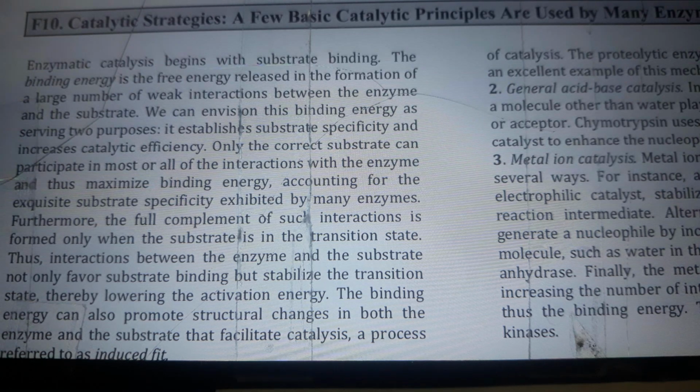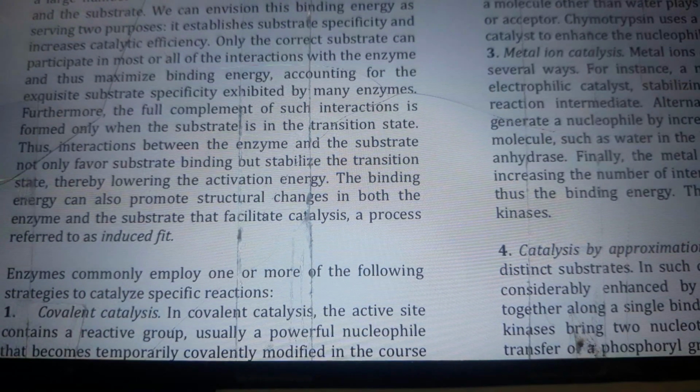Only the correct substrate can participate in most or all of these interactions with the enzyme, thus maximizing binding energy, accounting for the exquisite substrate specificity exhibited by many enzymes. Furthermore, the complement of such interactions is formed only when the substrate is in the transition state. Thus, interactions between the enzyme and the substrate not only favor substrate binding but stabilize the transition state, thereby lowering the activation energy.